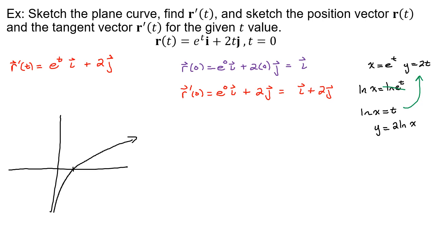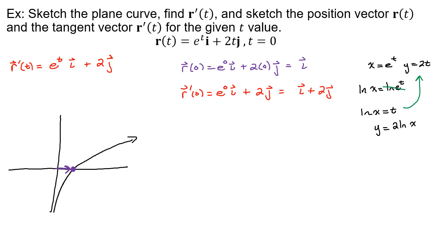Since I plug in 0 for the t value, that gives me the vector i, which would be at the point 1, 0, because I have one i and no j. So my r vector, r at 0, gives me the vector that is literally laying on top of the x-axis pointing at that dot.